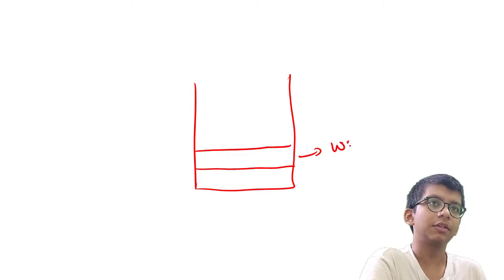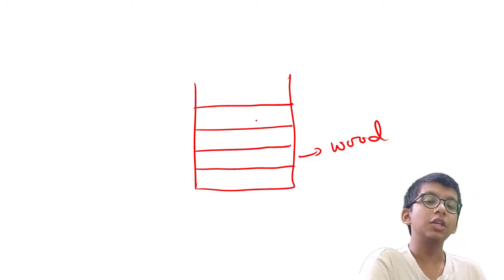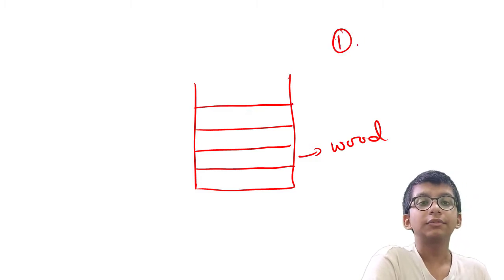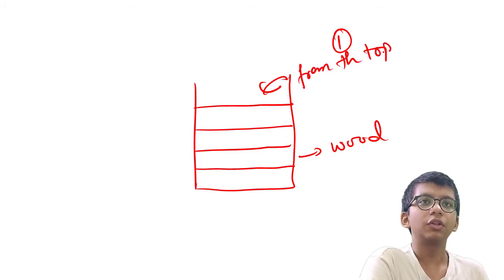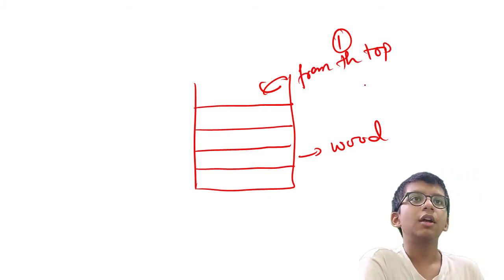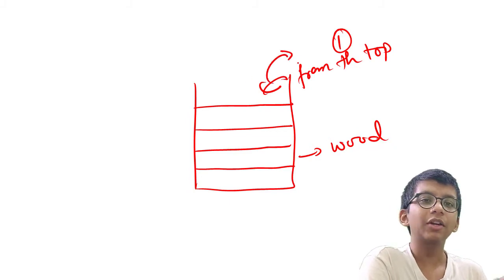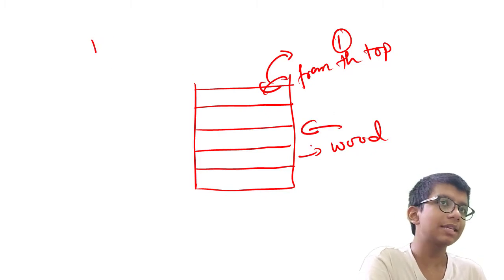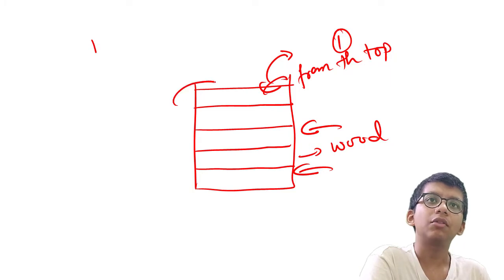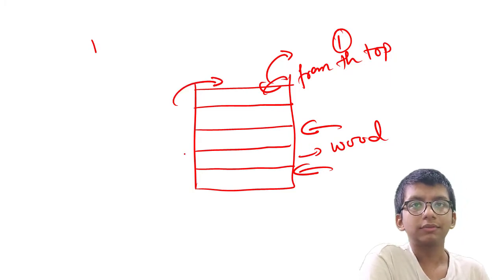You can only remove one wood from the top, or you can add wood only on the top. You can't add wood here or here. You only have the option to add wood on top or remove wood from there.